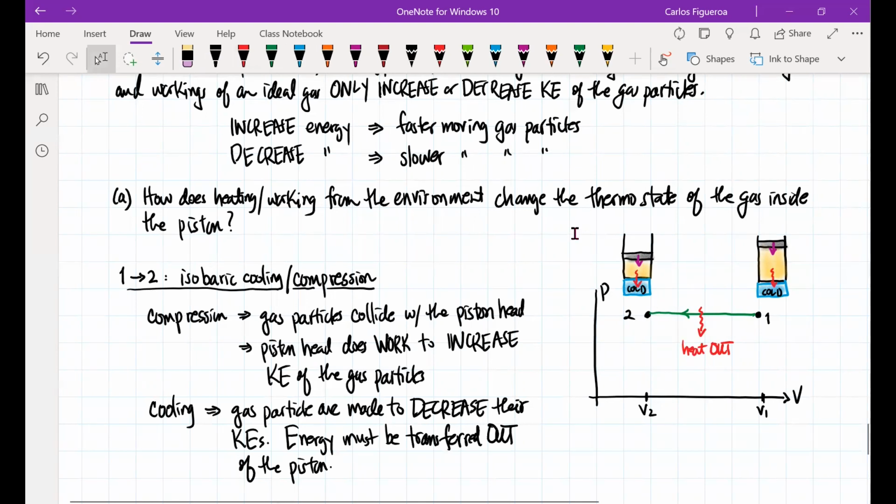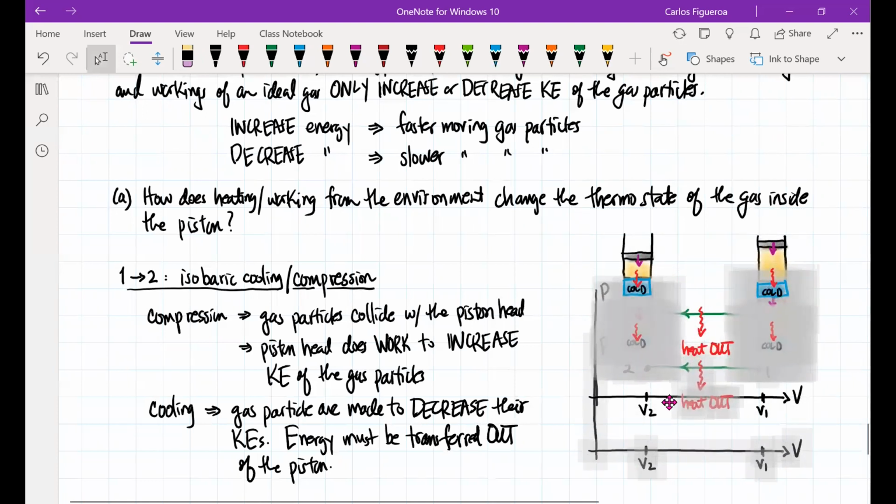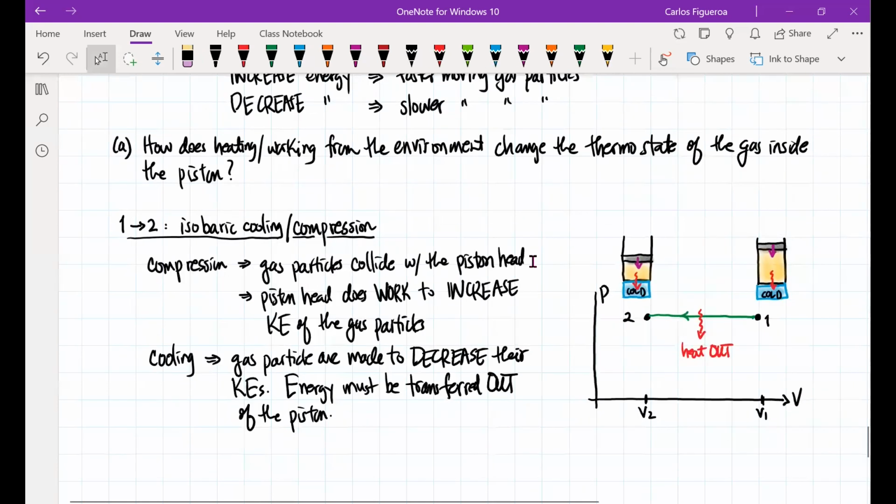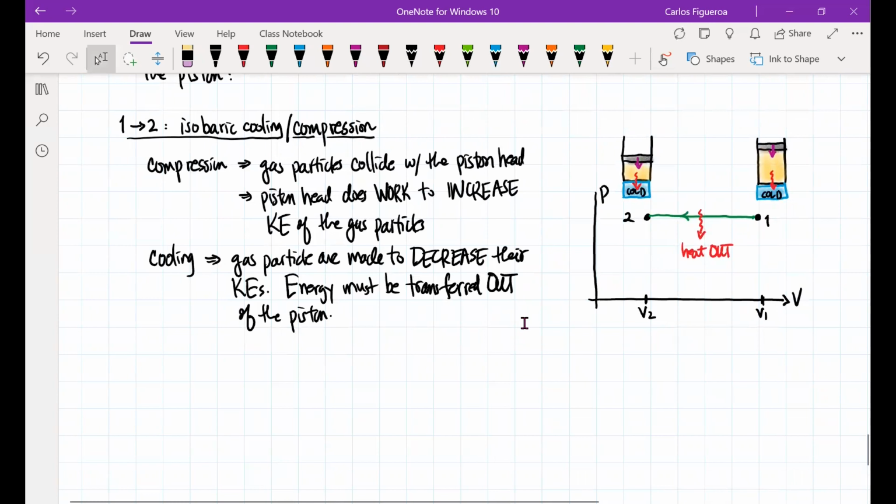So this is what I mean by an isobaric process. An isobaric process has to have that happen. Isobaric implies that the pressure is equal to a constant.